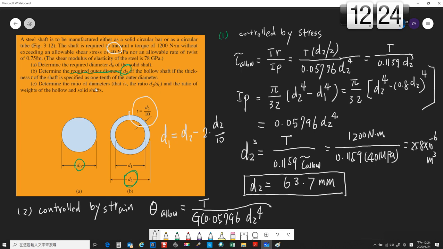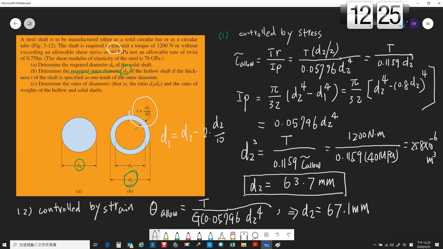I don't like to write down in detail, because I think you need to do it by yourself. So in this case, you may get the value of D2 is equal to 67 millimeter.